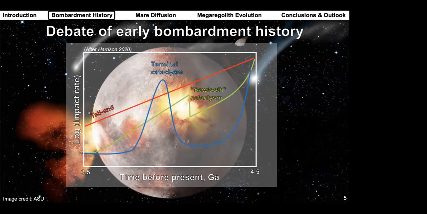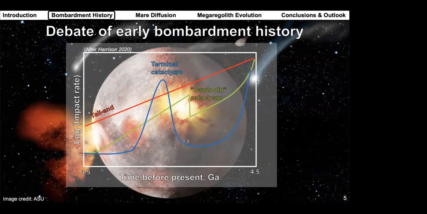And another extreme case is this blue curve, the terminal cataclysm. This model suggests there is a very, very high impact rate at a certain time period, around 3.9 gigayears. This proposal mainly derived from the analysis of Apollo samples.